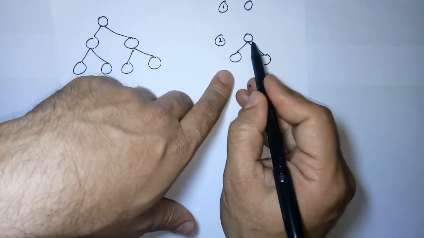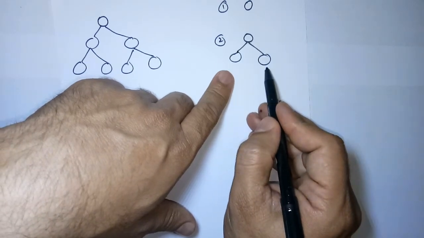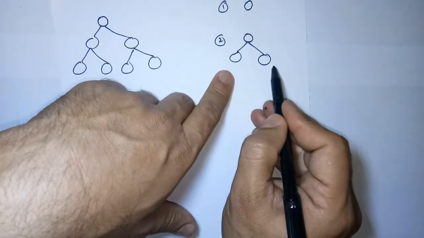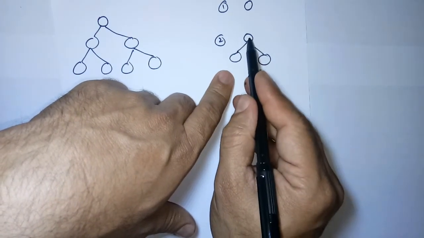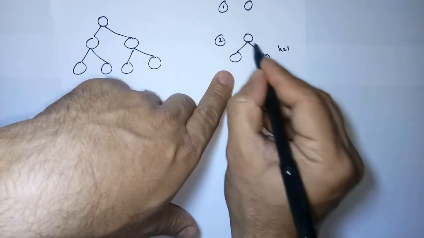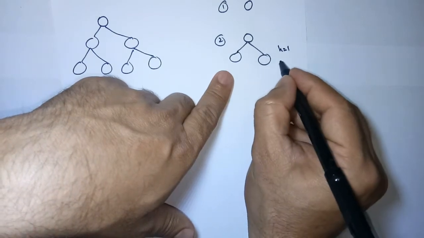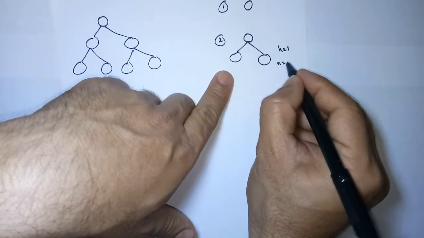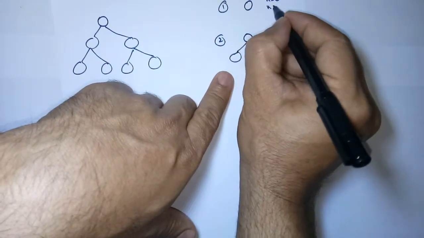Remember, the height of the tree is the maximum number of edges from the root node to the leaf nodes. There is only one edge from root to leaf, so the height is 1. The maximum number of nodes is 3, right? So nodes are 3, remember. Here, height is 0 and the node count is 1.